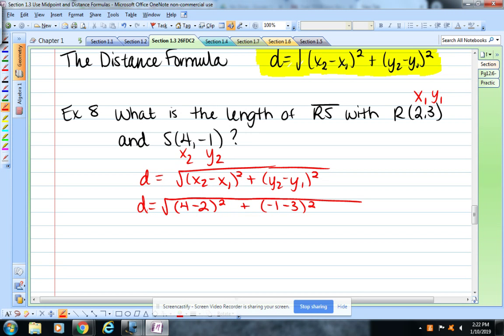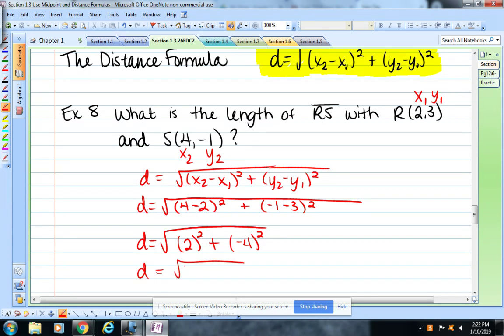The first thing I have to do, according to the order of operations, is what? Parentheses, right? So D equals big radical. That thing's just hanging on there. What is 4 minus 2? So I have 2 squared. Plus, what's -1 minus 3? -4 squared. Then I do my exponent, right?